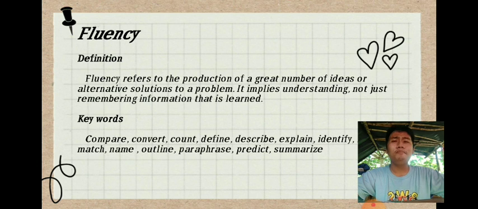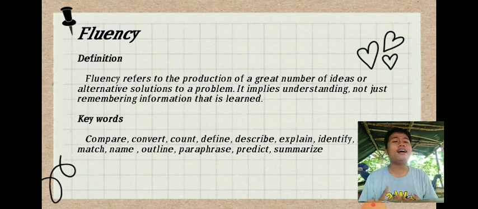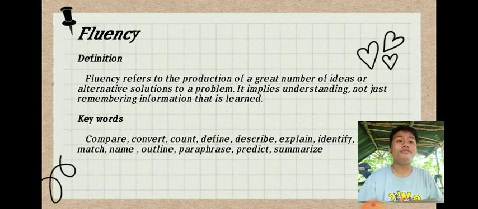So it is our ability to generate a lot of ideas, not necessarily different ones. If you have this fluency, then you are a fluent thinker. And a fluent thinker hitchhikes from one idea to come up with many more ideas.